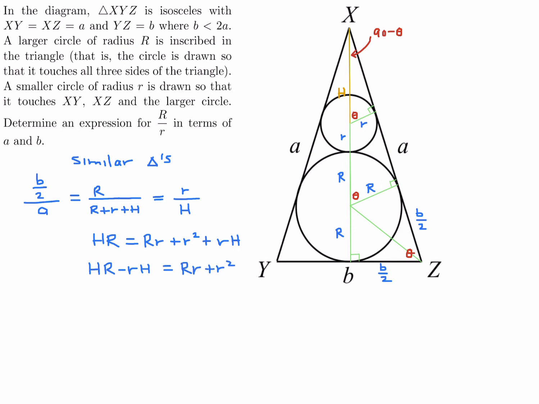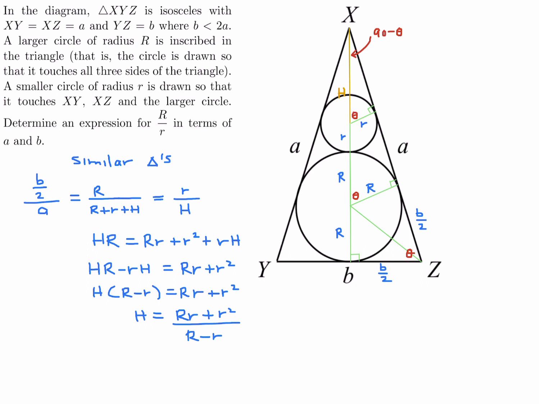So that comes over. And then I can factor out the h, and I'll get big R minus small r, and this side becomes or remains r plus r squared. And then of course now I can isolate for h. Big R small r plus r squared all over big R minus small r.